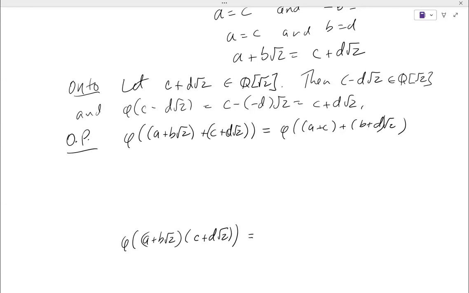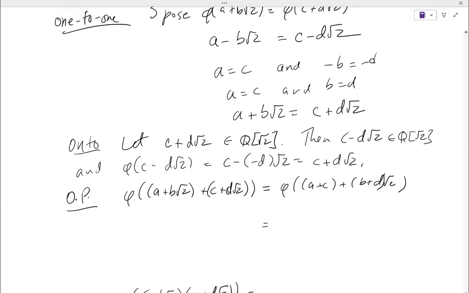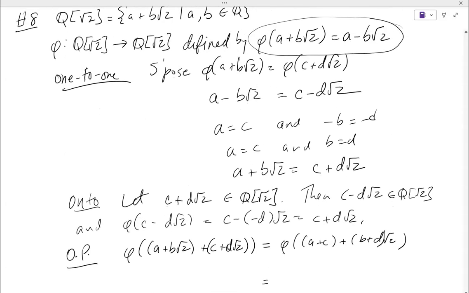When we apply the function to that, what do we get? What's the function do to the input?